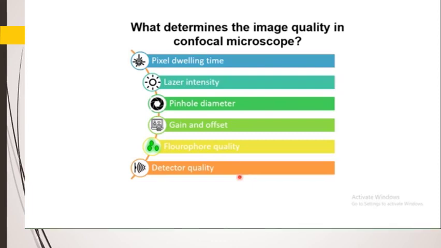After that, detector quality is important. We have to ensure that we are always imaging in the linear range of the detector in order to get good images. Definitely the hybrid detectors or gallium arsenide phosphide detectors are way better than the multi-alkali detectors. That's why choosing the proper detector for your system is also very important.